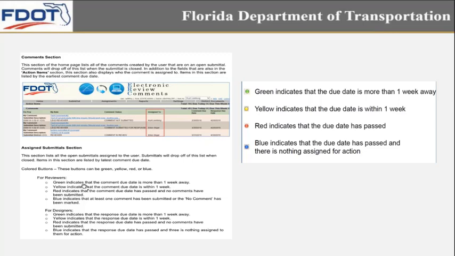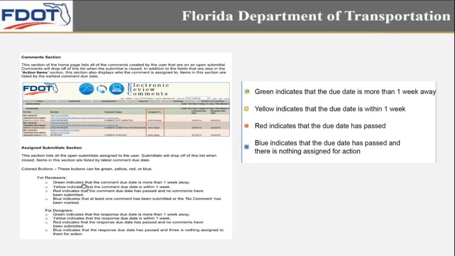I think the beauty of this system right here of ERC is, how we spoke about the importance of communication. Right here, it shows you how ERC communicates with you. It's a very simple communication: green, yellow, red, blue. Green indicates that the due date is more than 1 week away.